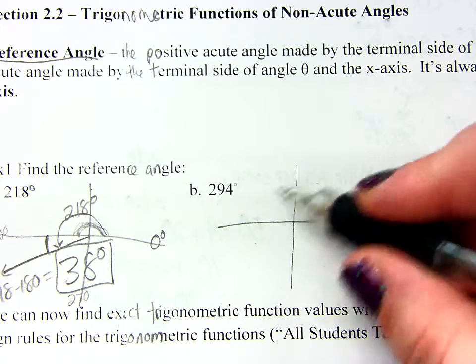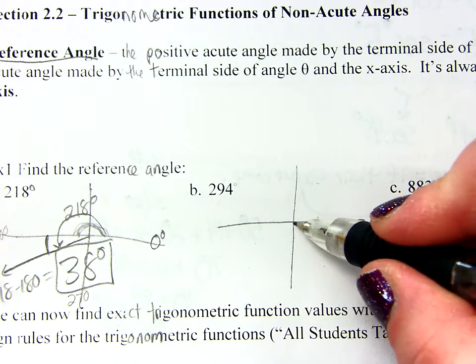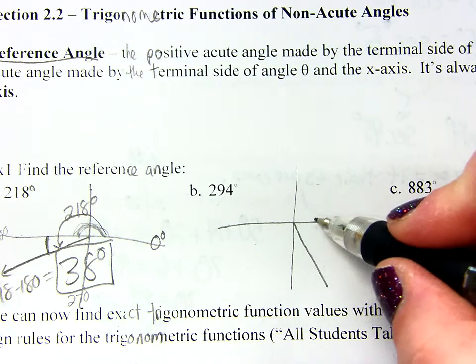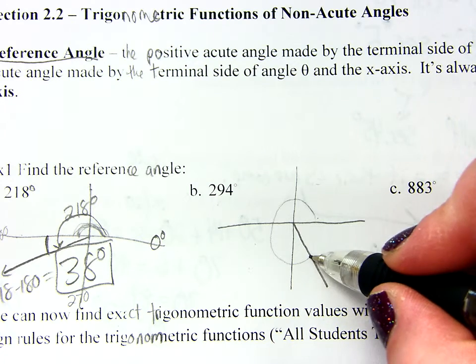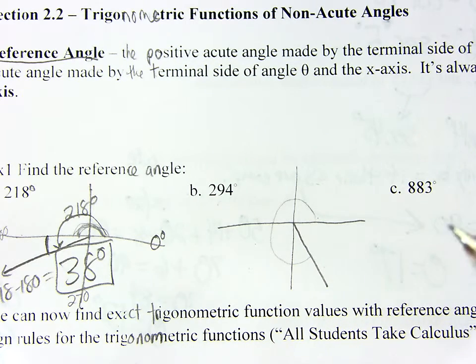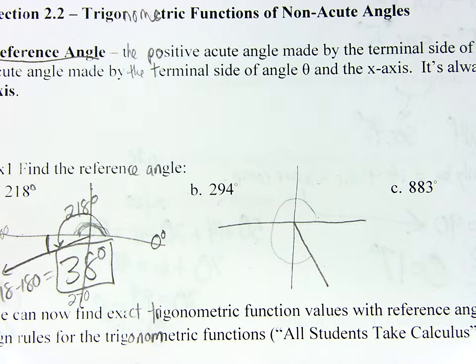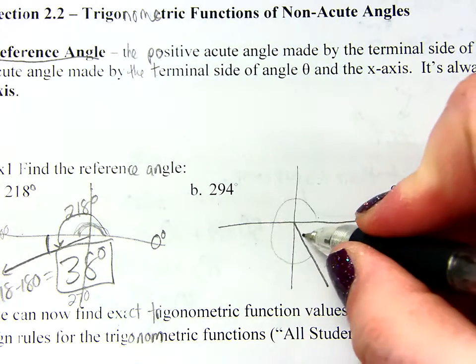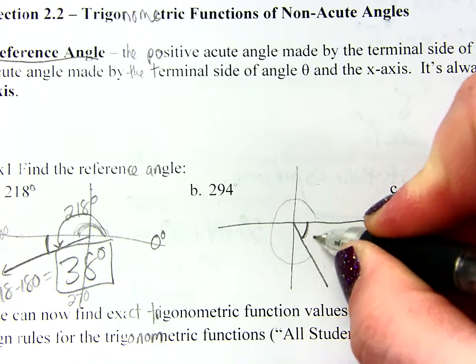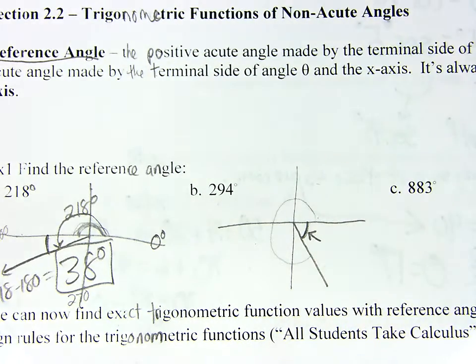The fourth, right? Because there's 270 and then a little bit more past that. So this whole thing is 294 degrees. But the angle that I'm looking for is always the angle between the terminal side and the x-axis. So I'm looking for this angle right here. That's the reference angle.